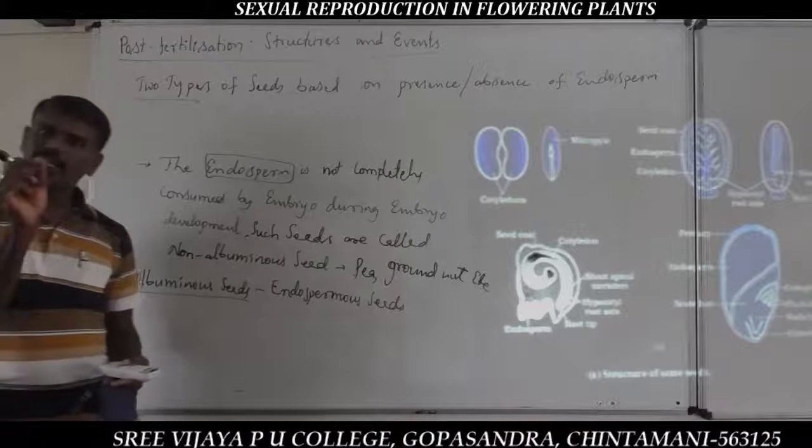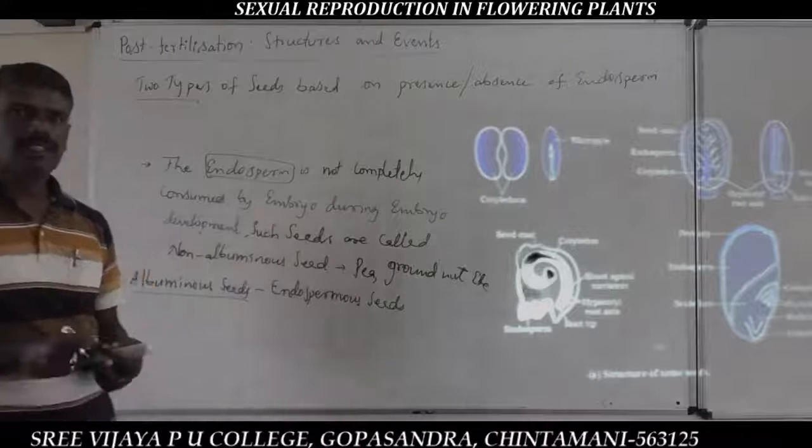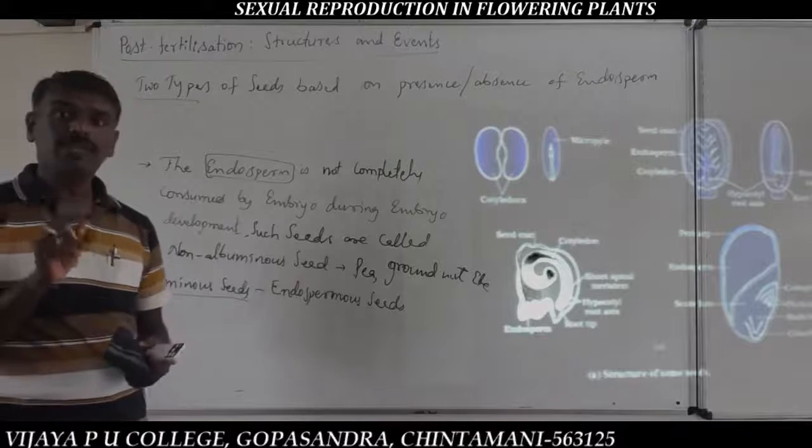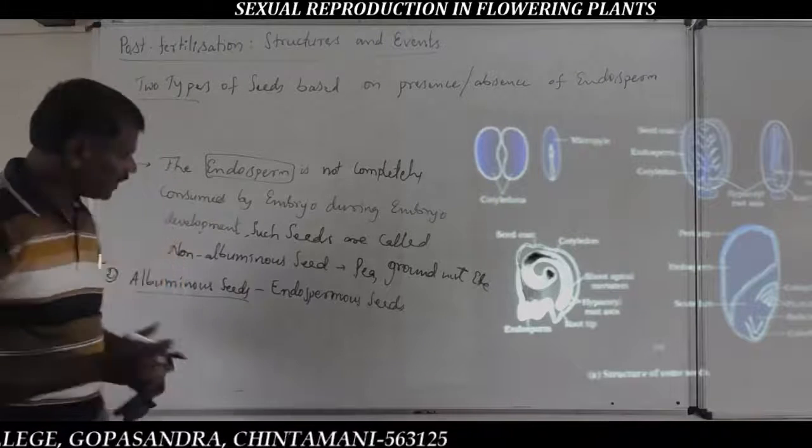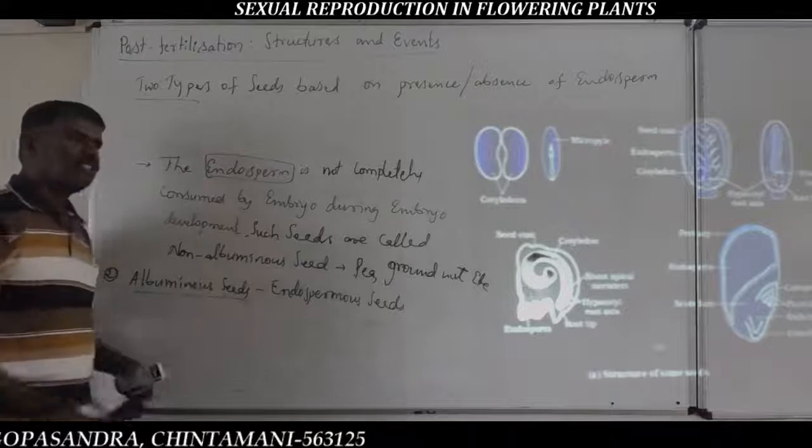This means a certain amount of endosperm remains in the seed even after the embryo has completely developed. Such seeds are called albuminous seeds.